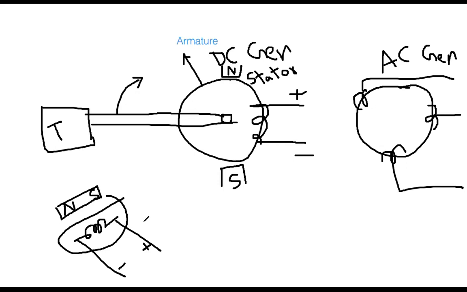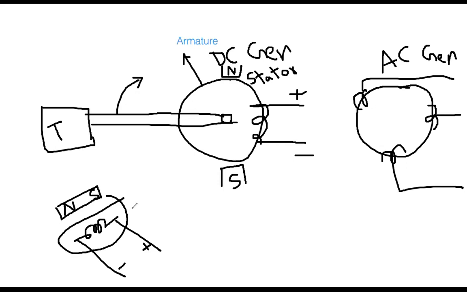So everybody keep in mind that to produce voltage, the basic rule is that you need a magnetic field, in other words a magnet, and a coil, and voltage will be produced if there is relative motion. You can create relative motion either way: either you keep this one fixed and rotate this one, or you keep the coil fixed and rotate the magnet, or you rotate both but maintain a relative motion.